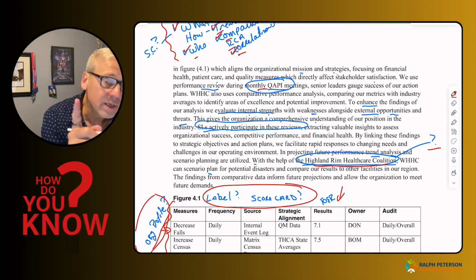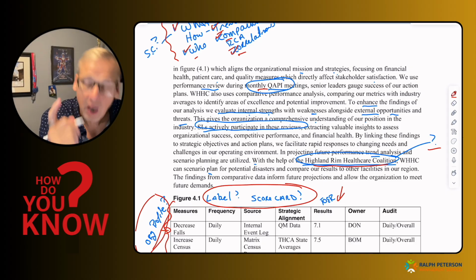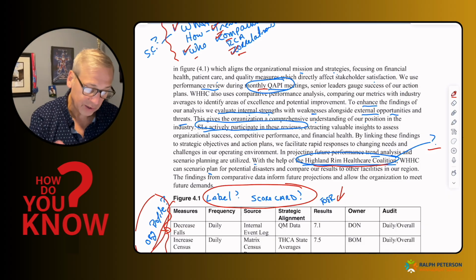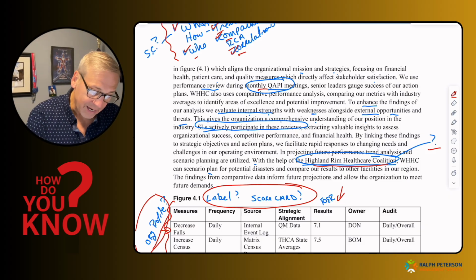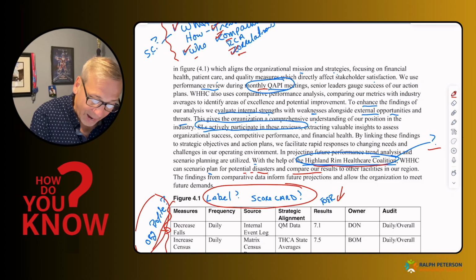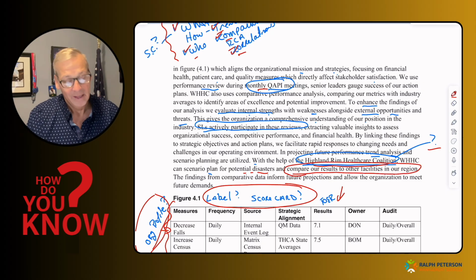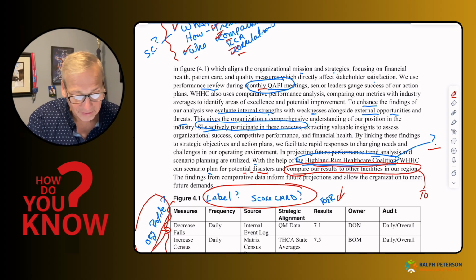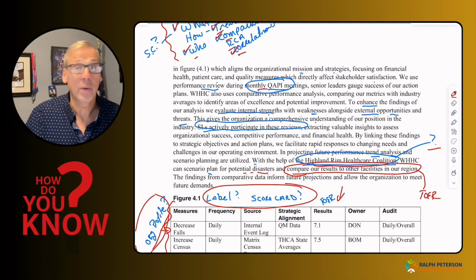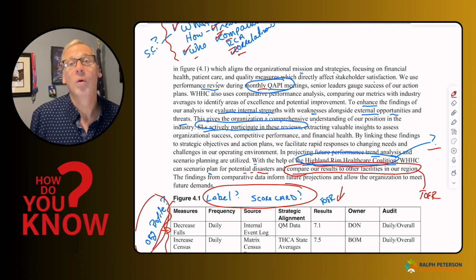And I wonder, and you never know who's going to read your application, but you say that Highland Rim Healthcare Coalition can plan for potential disasters and compare our results to other facilities in the region. That, my friend, is likely going to go on my TOER, and I won't know what that even looks like for me.